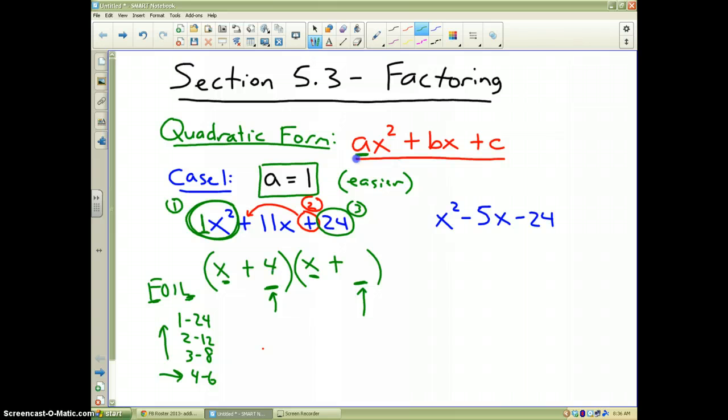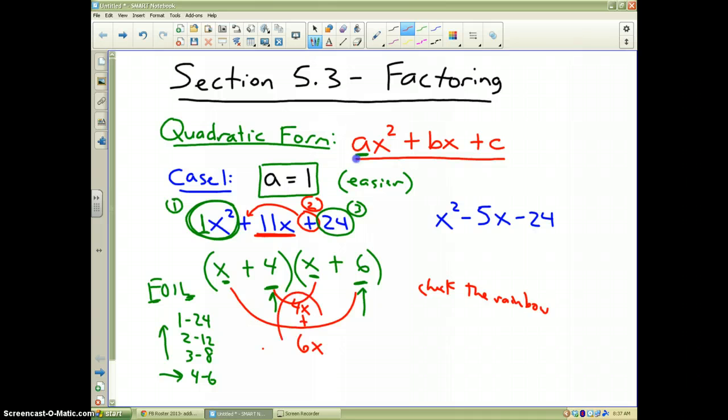So let's say I put a 4 and a 6 in there. Now, the middle part is the most important. I call this checking the rainbow, because the middle term comes from these two terms multiplied together and then added. So we know 4 times x is 4x and 6 times x is 6x.